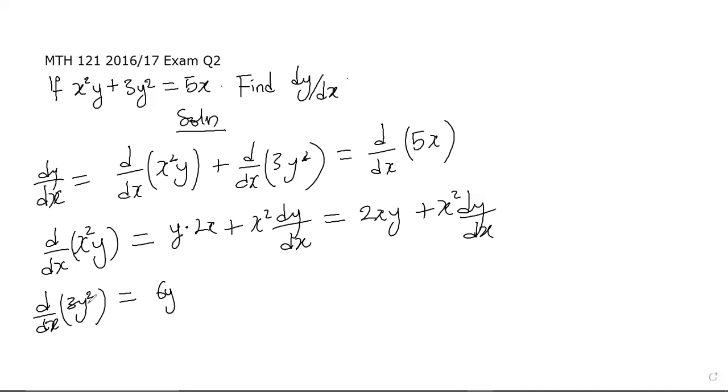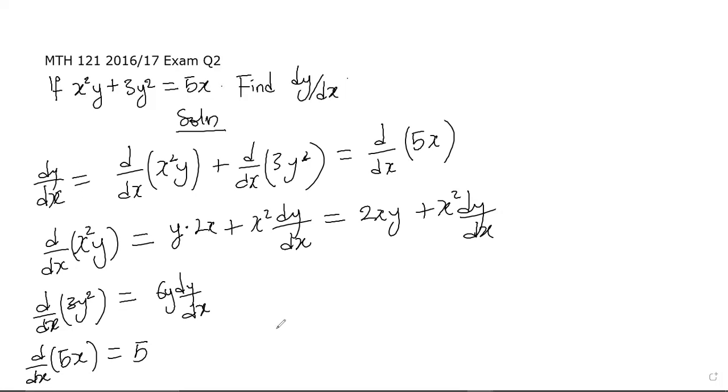And since you are differentiating y itself, you have to attach the dy/dx to it. So it will be 6y dy/dx. That's how we differentiate that one. And then the last term here, d/dx of 5x, we differentiate that, it will give you 5.